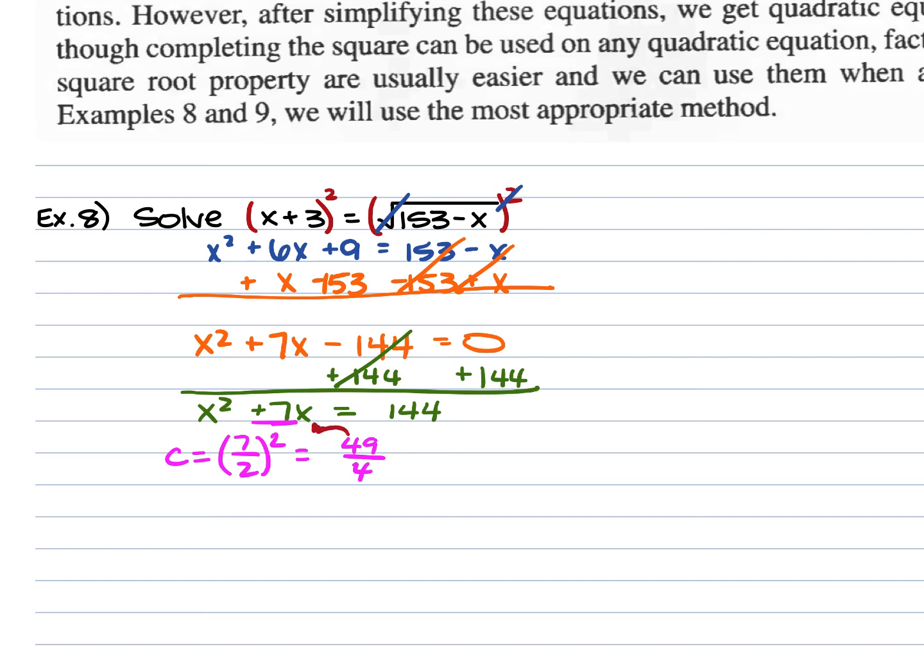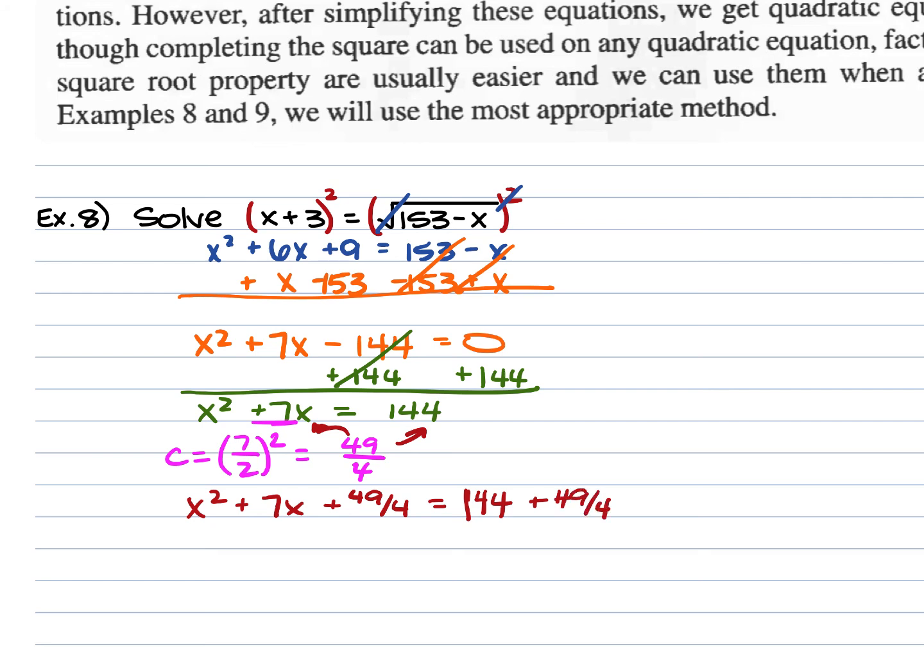Add your 49 over 4 to both sides of your equation. This gives you x squared plus 7x plus 49 over 4 is equal to 144 plus 49 over 4.